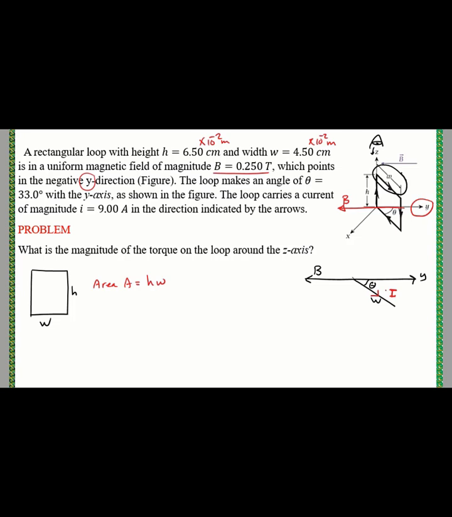Now to assign the normal to the loop, you need to put the four fingers of your right hand along the current from this point to this point. Let us call them P and Q. So the four fingers go from P to Q, and that leaves your thumb in that direction.